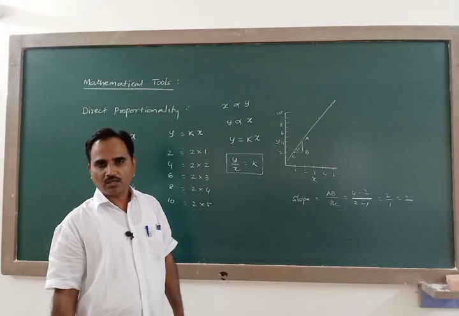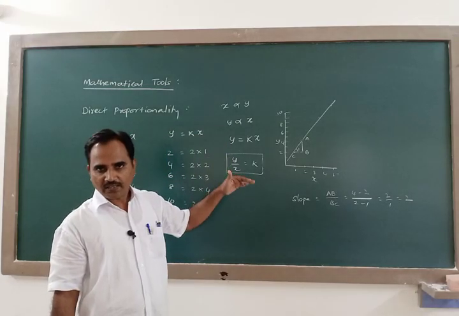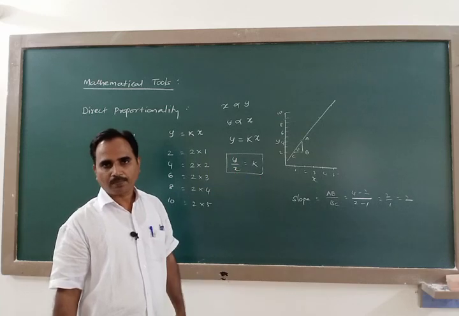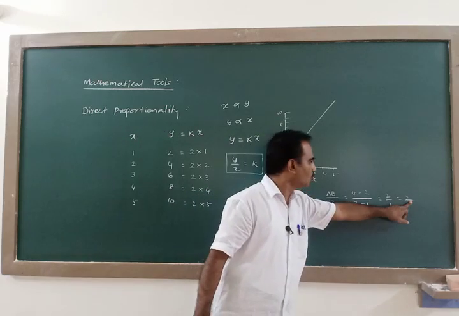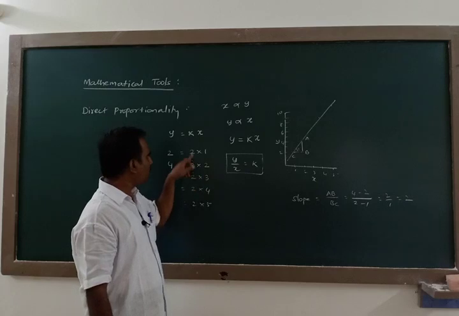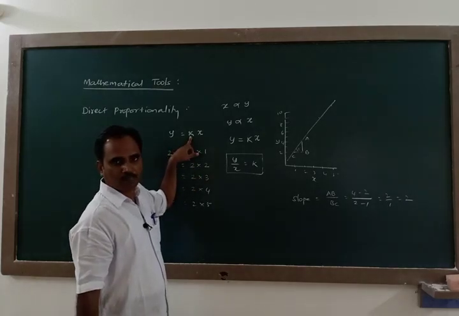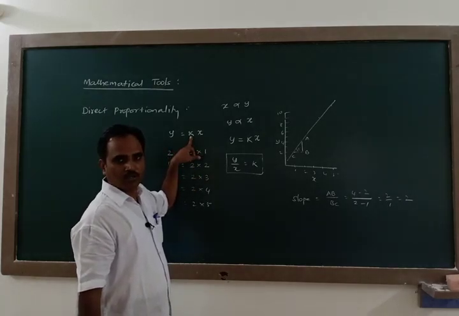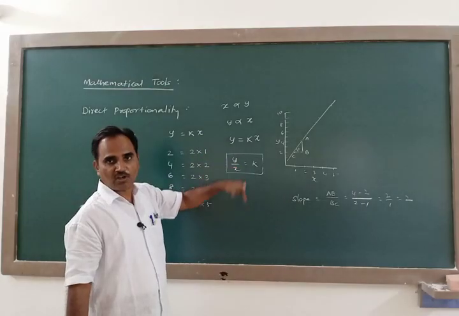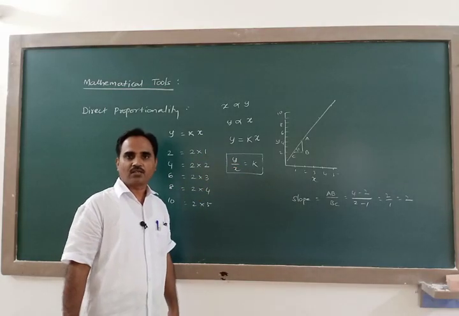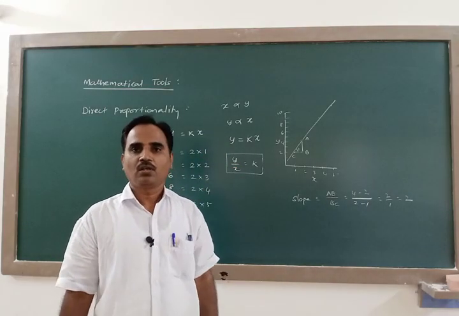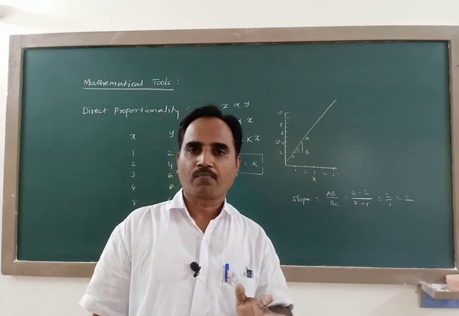That means when you find the slope of this straight line, what do you get? 2. This 2 means K. So you got the value of K. That means the value of the proportionality constant. So you keep this in mind.